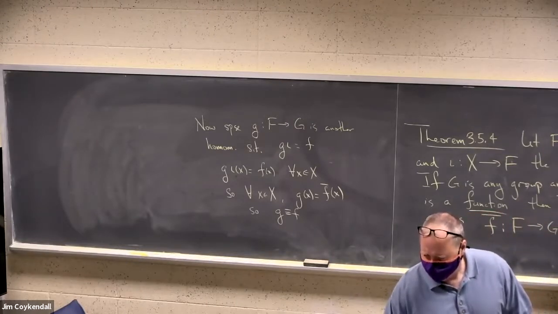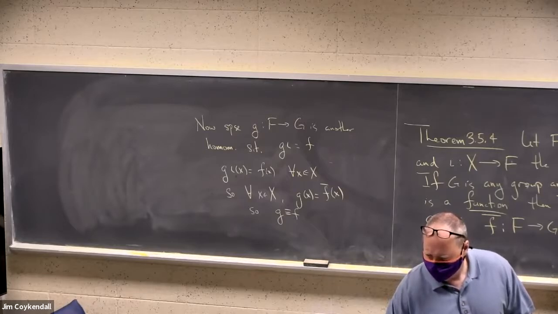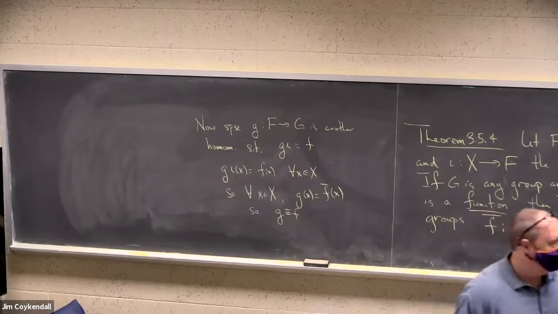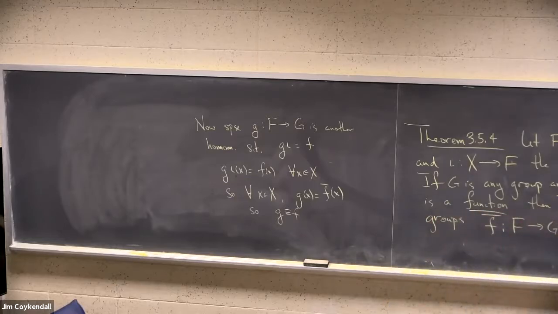Any questions on that? I have a question for the last one, right? Why f bar of iota x and f bar of x? Oh, because the inclusion map just takes x to x inside here.